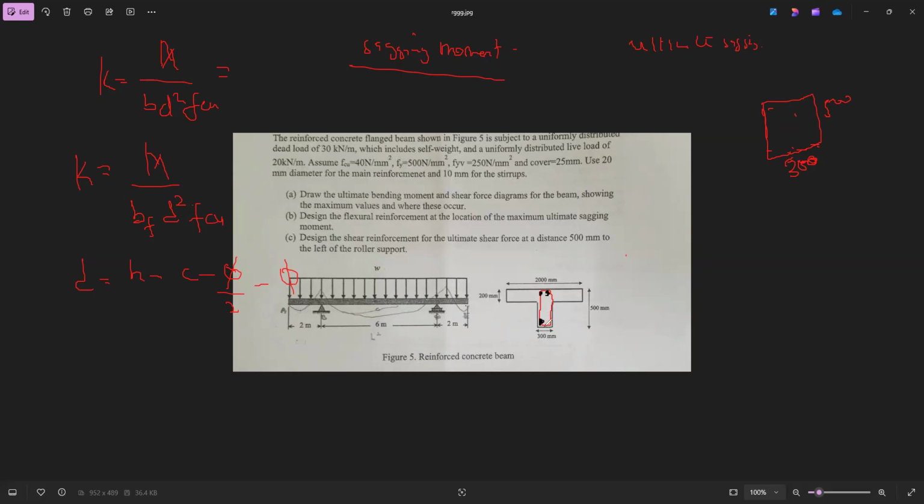This is too small. Let me draw my own and make it big. So we have something like this.